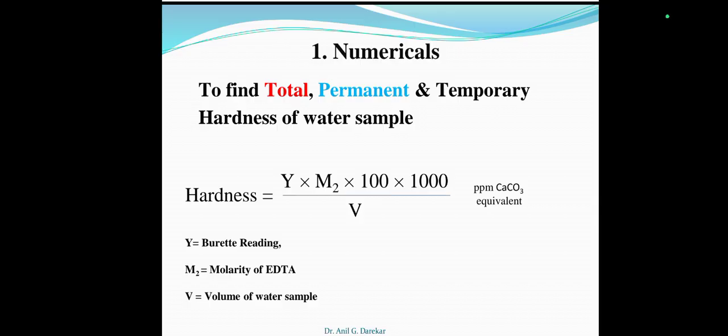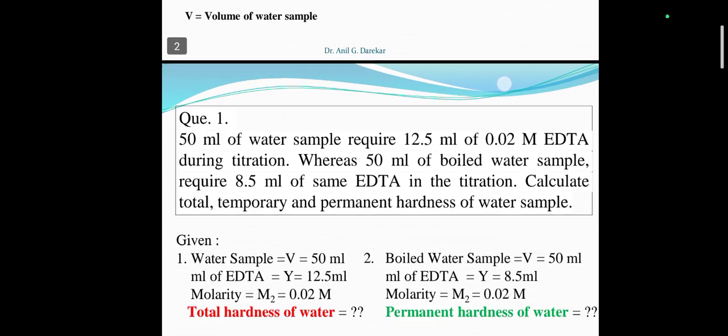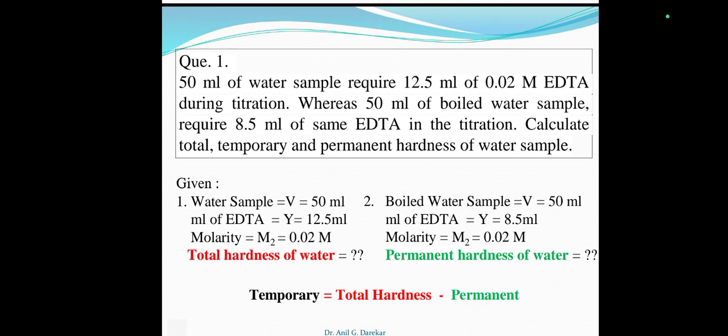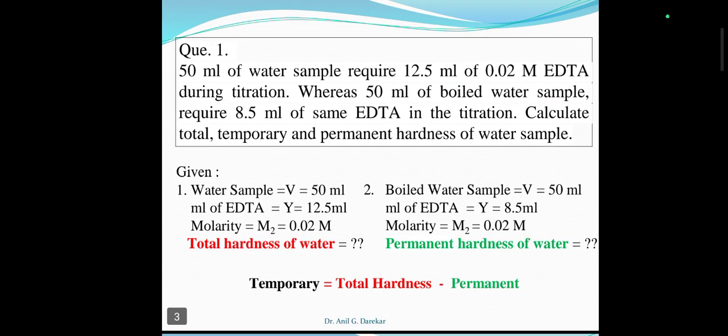Now let us proceed toward one question. In the question in front of you, how much water sample is given? 50 ml. So in given, you have to write 50 ml water sample. Then what is the amount of EDTA required? 12.5 ml is the amount of EDTA that we added to the water sample from the burette.